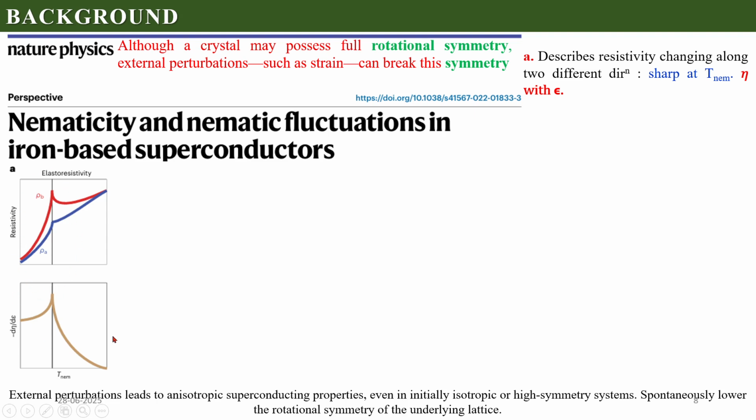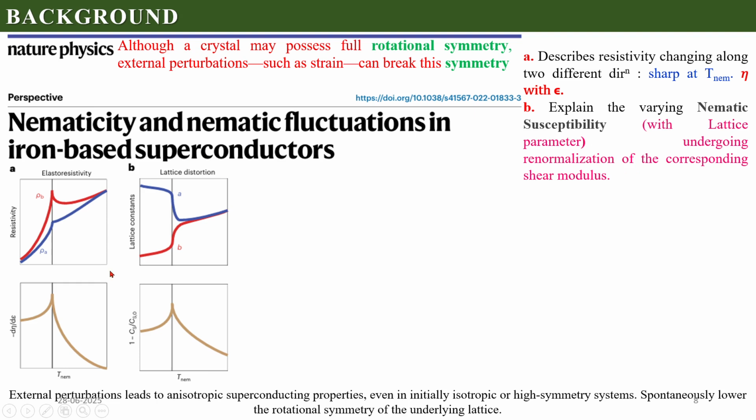The results are different, meaning the resistivity is strain dependent, and there is a very large change across the nematic temperature in the resistivity in different crystal axis directions. So this is the strain parameter, and this shows the very large change across the nematic temperature. So this is the elastoresistivity.